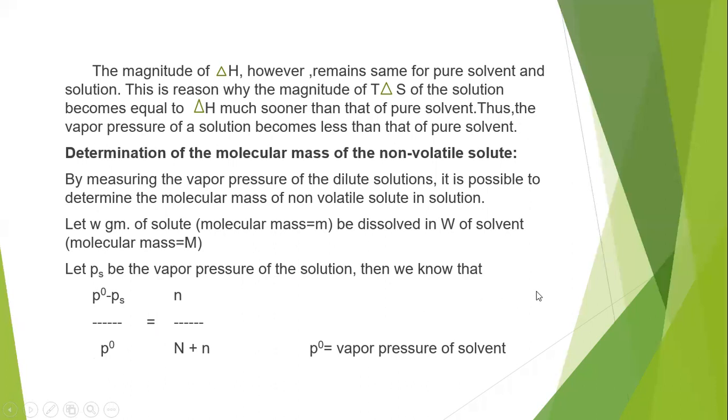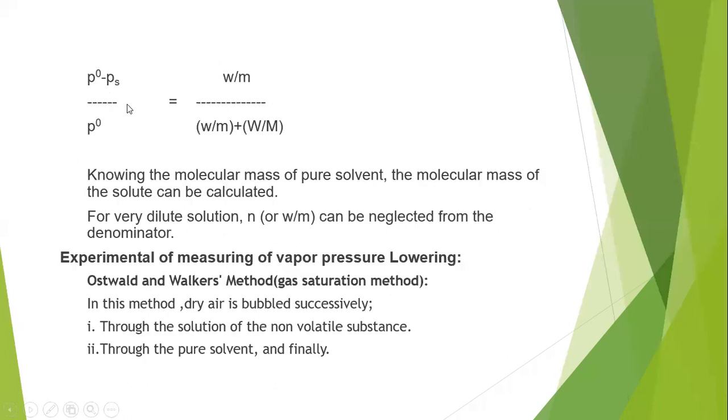P0 is the vapor pressure of the pure solvent. So (P0 minus Ps) by P0 equals (small w by small m) by (small w by small m plus capital W by capital M).